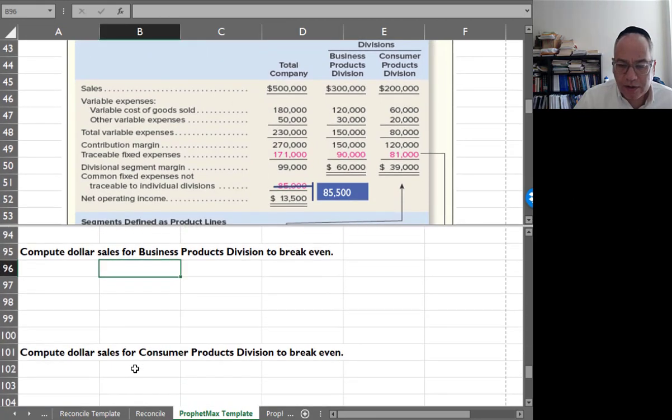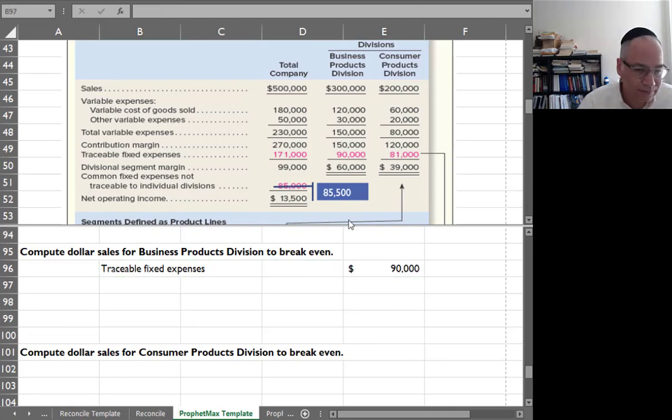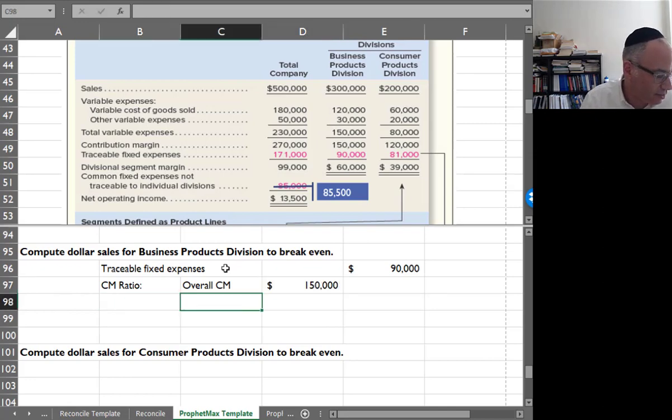For the business products division, I'm going to have traceable fixed expenses of $90,000. And the contribution margin ratio: the overall contribution margin in this case is 150. I have to type it in because that's not really part of the spreadsheet, it's an image.